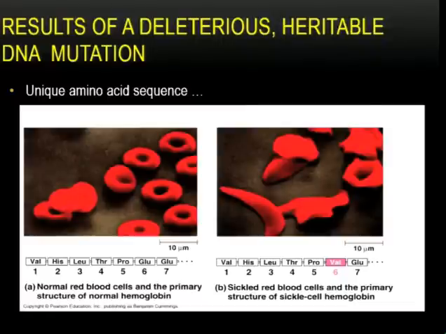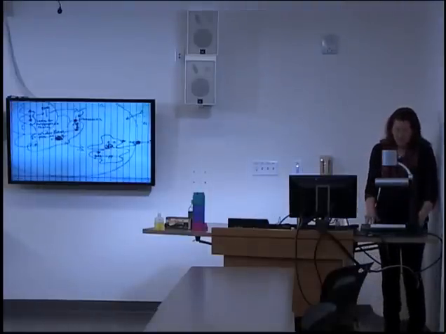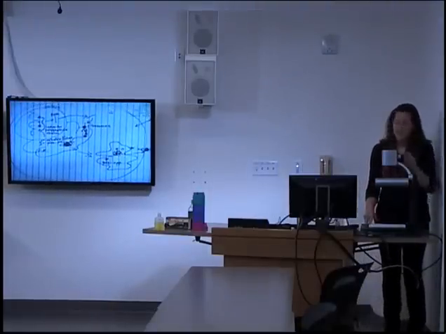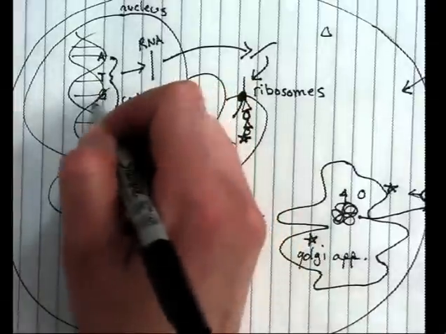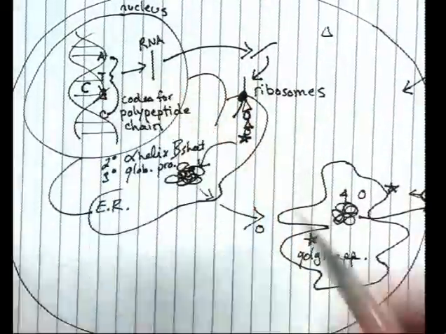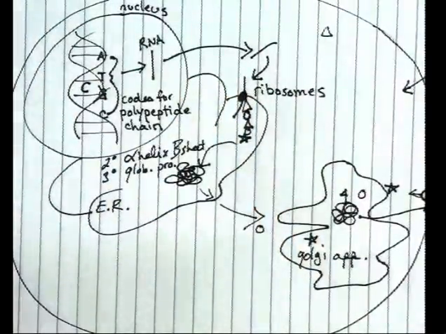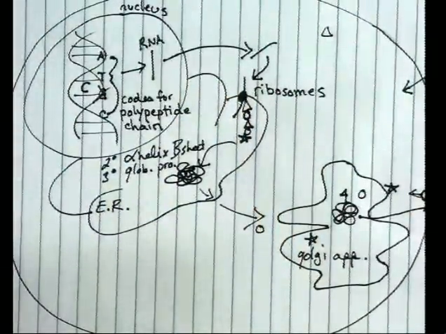So let me show you how that works into the diagram we were drawing. So what I'm saying is that there's a change at the DNA level for sickle cell disease, where you have a mutation and you have a new nucleotide that's put in its place.